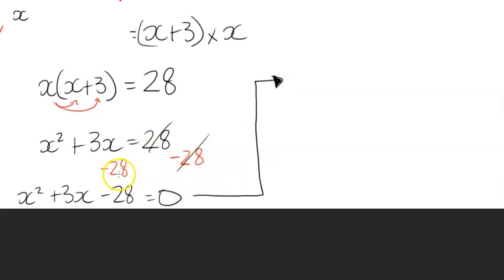And the two numbers that I can think of are positive 7 and negative 4. So positive 7 and negative 4, and this is equal to 0. So when we extend this out again, we should get back to this original format, x squared plus 3x minus 28.